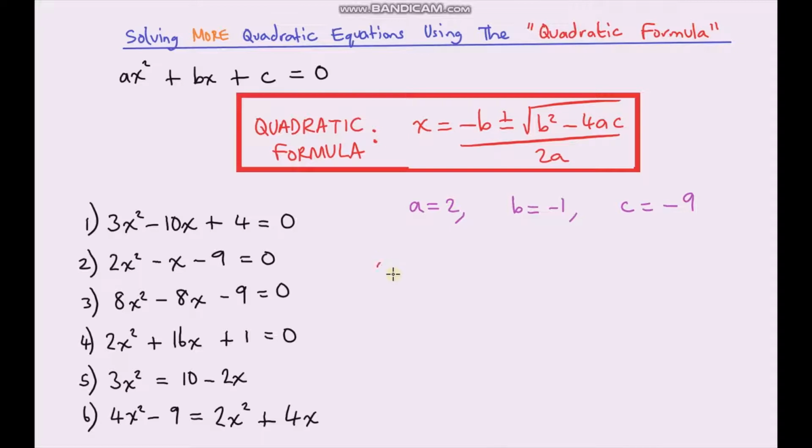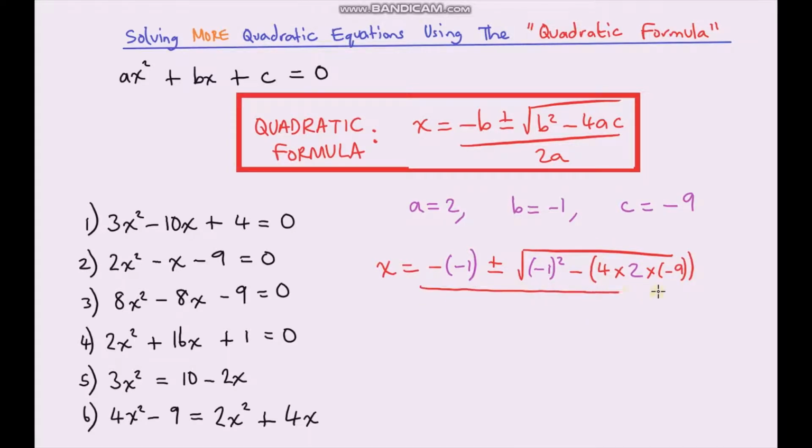We're going to have x equals negative b, so that's negative 1, plus or minus the square root of b squared, so that's going to be negative 1 squared, subtract 4 times a, which is 2, times c, which is negative 9. And I'm going to put all of that in brackets. And then I'm going to divide that whole quantity by 2 times a, or 2 times 2.